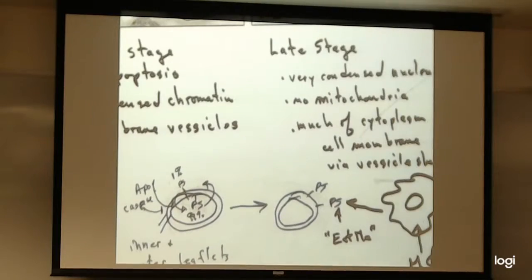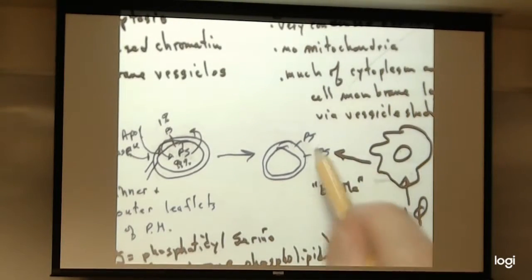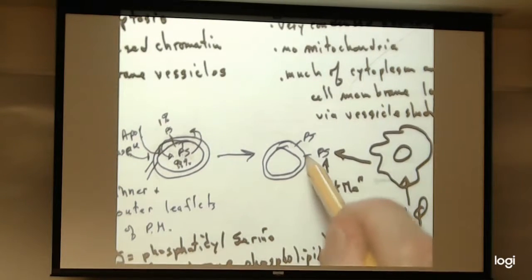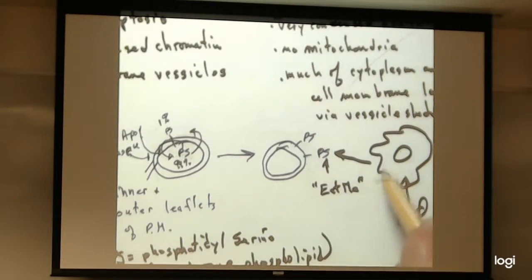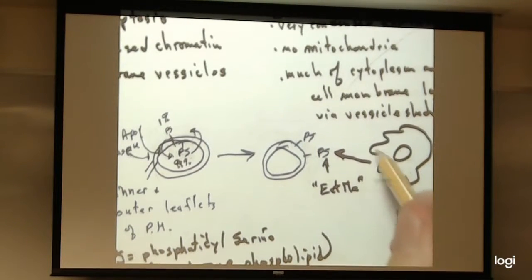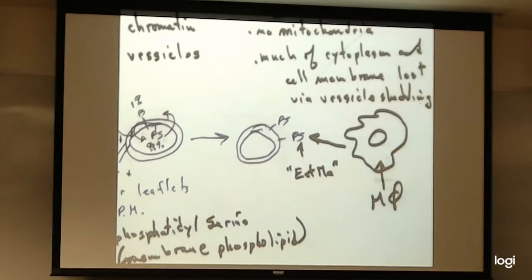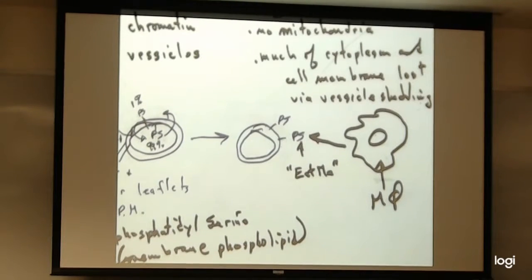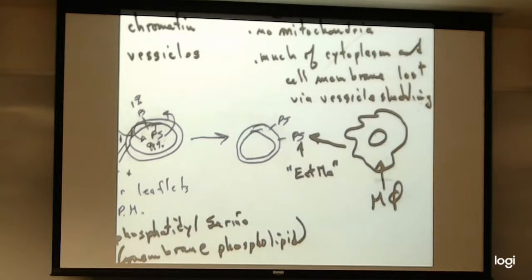But macrophages have a receptor, a phosphatidylserine receptor on their surface, and so when we have a cell that's got a bunch of phosphatidylserine on its surface, that binds to phagocytosis receptors on the macrophage, and the macrophage just engulfs that whole phosphatidylserine coated cell or piece of cell and brings it in and degrades it.